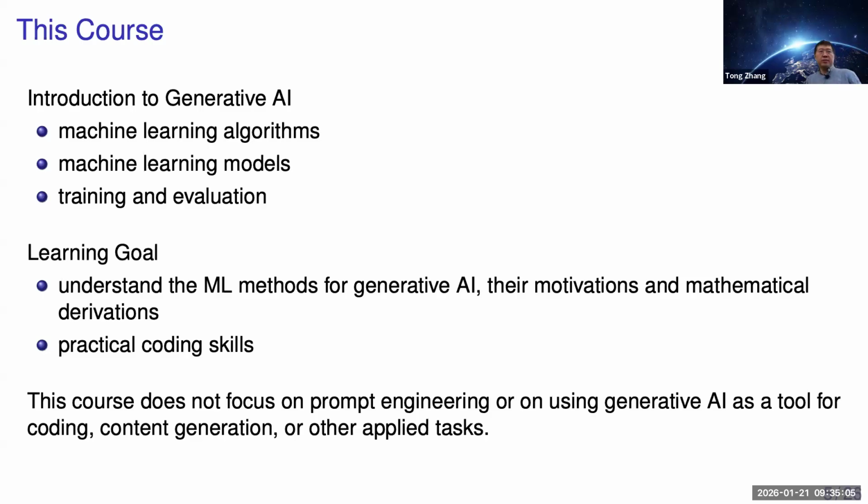You have to know how the model is trained and how to evaluate it, right? But again, it's at a broader level, not at the experts level. So you have a general background of how these models work, and also their motivations. Mathematical derivations, I don't think we will derive the more difficult ones, but mostly we try to cover the mathematical motivations, so you know why they work that way, and sometimes you can have intuition for why that is so.